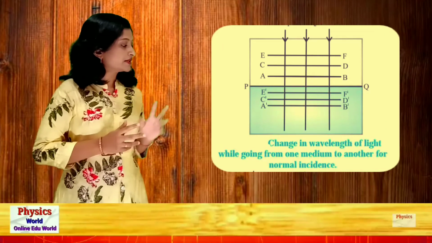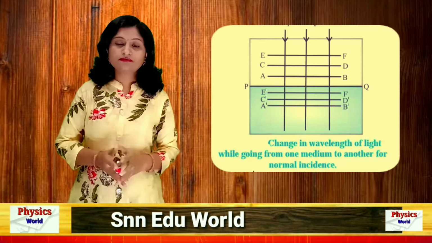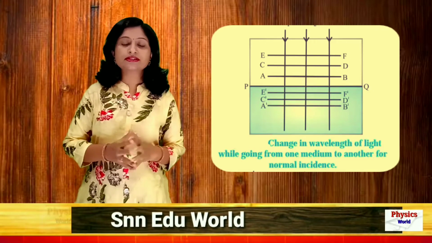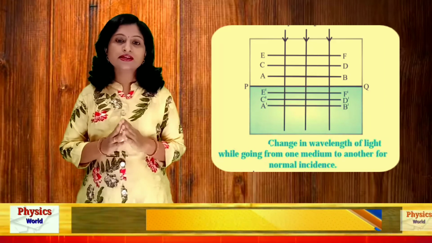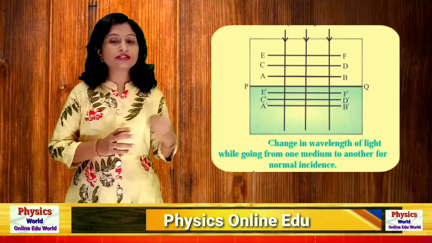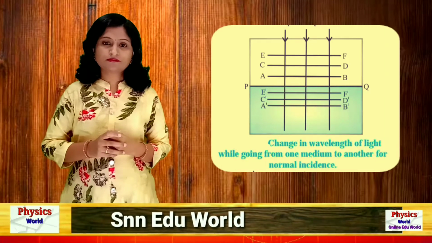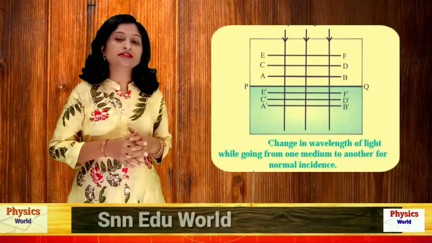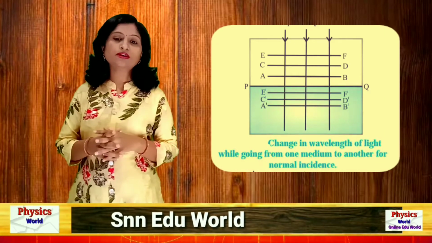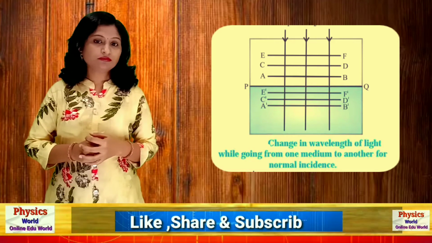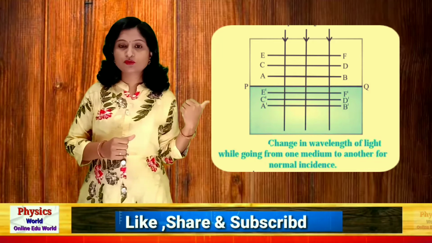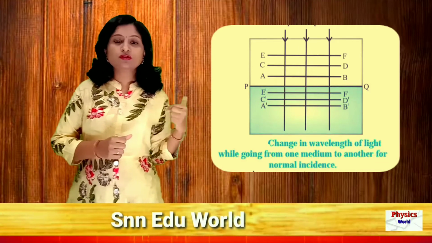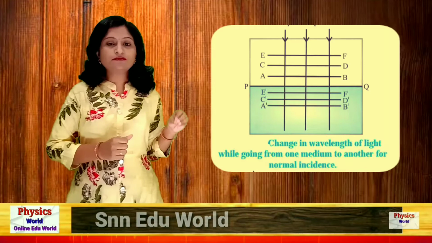Now observe here the spacing between these refracted wavefronts is decreasing, and the reason I already told you, that if their speed is decreasing, the distance between these wavefronts will go on decreasing. And here this distance is nothing but the wavelength of light in the denser medium. So let wavelength in the second medium be lambda 2. Okay, so this is the change in the wavelength.